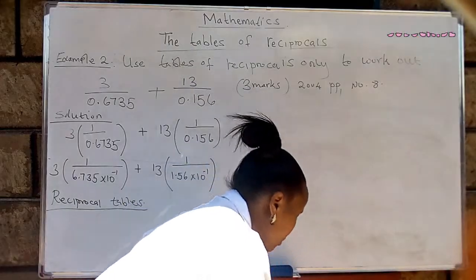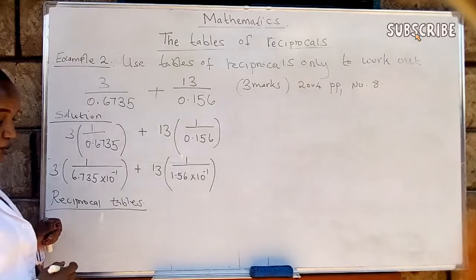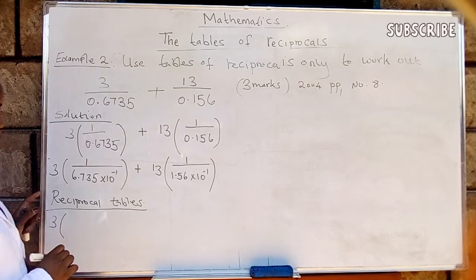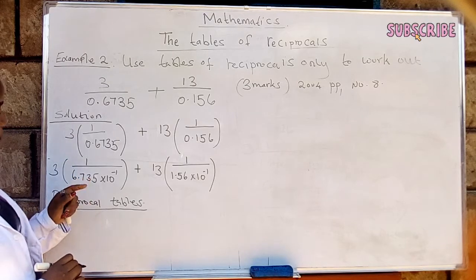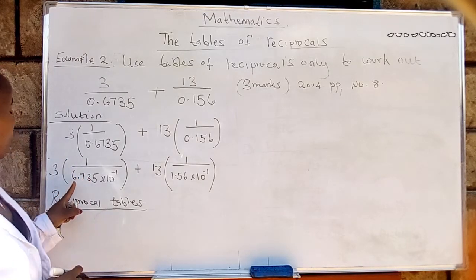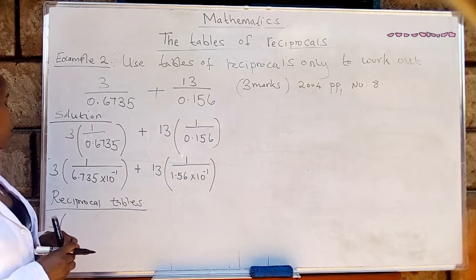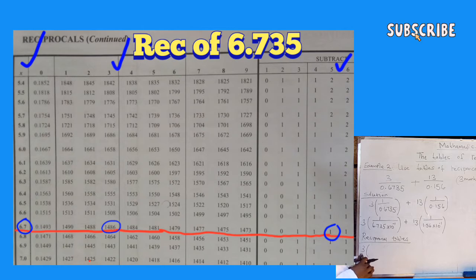So what we are going to do is find the reciprocal of 6.735, just as we have done before. We are going to look at row 6.7, just as shown over there. We proceed with the same row to column ending 3, and you can see the figure over there. It is 0.1486.